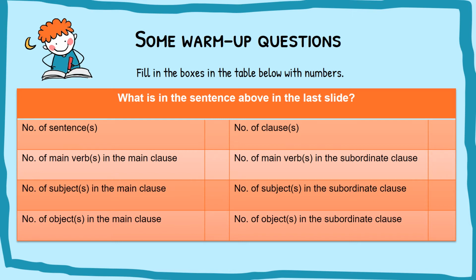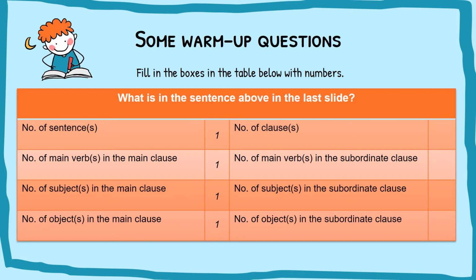2 minutes has passed. Let's take a look at the answers. First of all, there is one sentence, and in the main clause, we have one main verb, one subject, and one object.